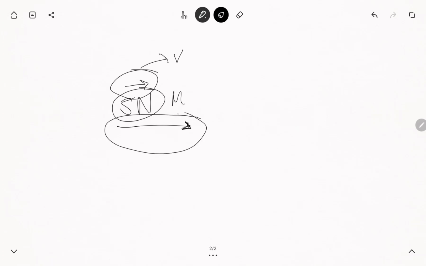So we need to specify it's a vector first, and then say the direction it's going in. For example, I'll take this right path here. So this 5 newtons is going right. This 5 newton is the magnitude, this indicates it's a vector, and this is the direction, right?